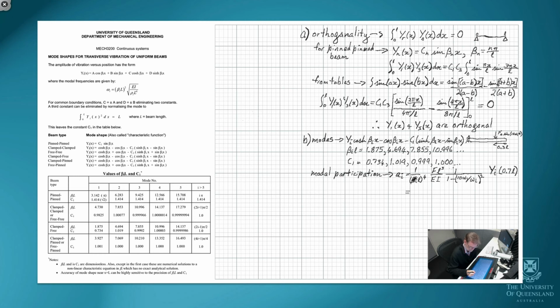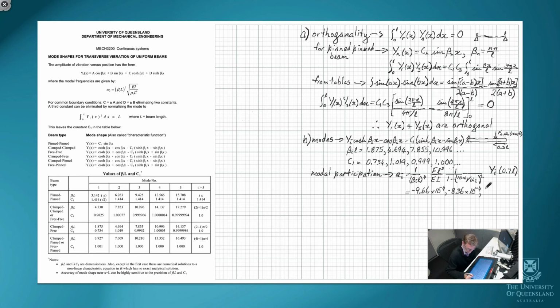So they're going to equal, evaluating all those numbers, you get for firstly minus 9.66 times 10 to the minus 4 for the first mode. Then you get minus 8.36 times 10 to the minus 4 for the second mode.